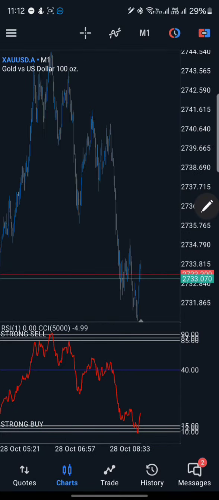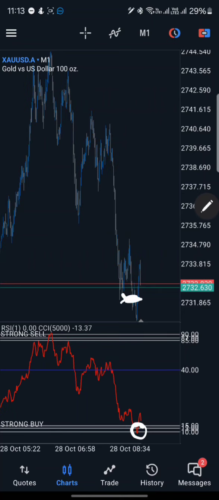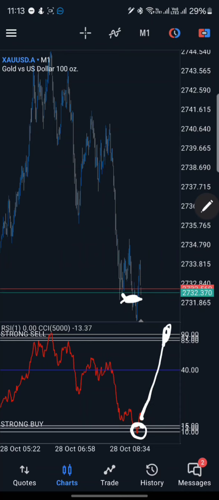So if we have a look at gold, we can see gold currently gave a buy signal. We've reached this zone. So in between these three lines, as soon as we hit the first line, we will then enter our buy. So we entered somewhere around there, and what do we do now? We wait for this red line to go all the way to the top level to exit our buy, because here we got our signal for the buy.